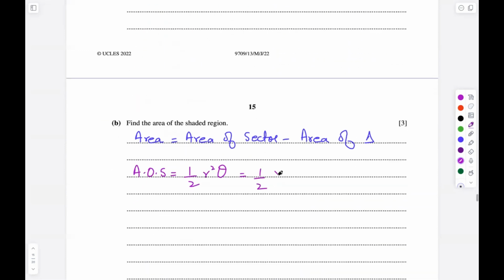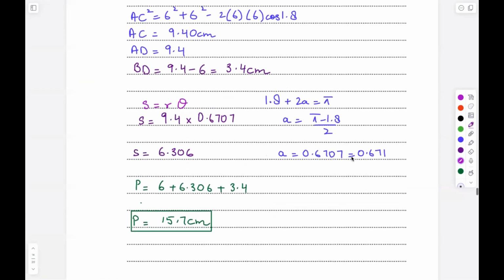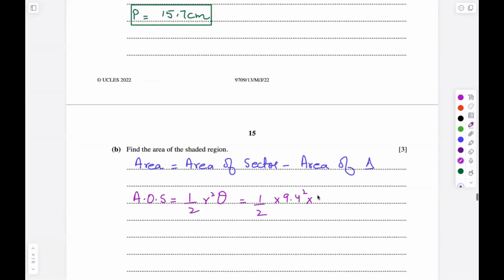So this will be 1 upon 2 into 9.4 squared multiplied by theta. So theta was 0.6707. Substituting this in the calculator, 9.4 squared multiplied by 0.6707 and dividing it by 2 will be equal to 29.6. So the area of the sector is 29.6 centimeters squared.